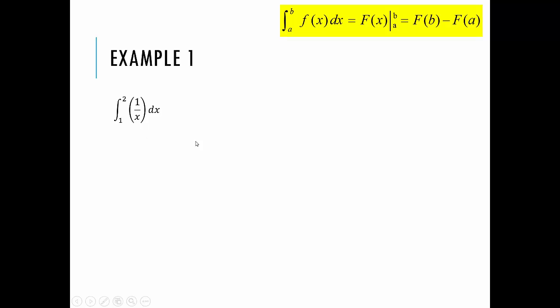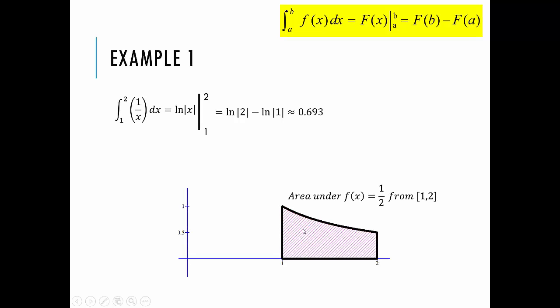And I know that antiderivative because I've been practicing these: it's ln of x. And now I'm going to simply plug in a 2 where I see an x, minus, I'm going to plug in a 1. And that's what this says to do here. So I plug in ln of 2 minus ln of 1. I stick it in my calculator and I get this answer, which is the area.